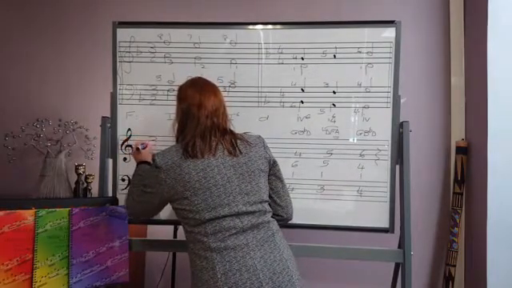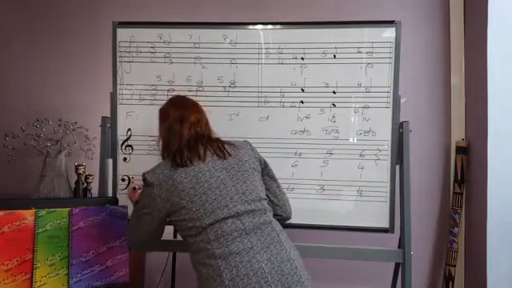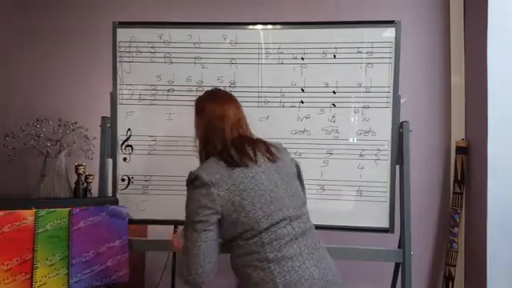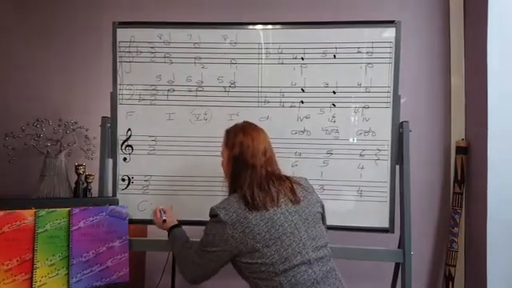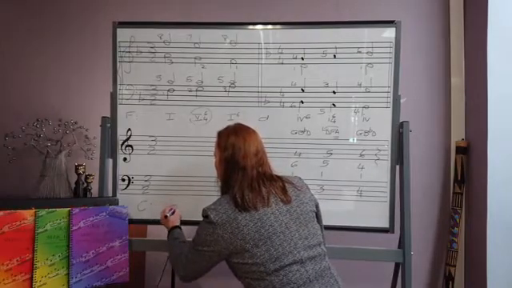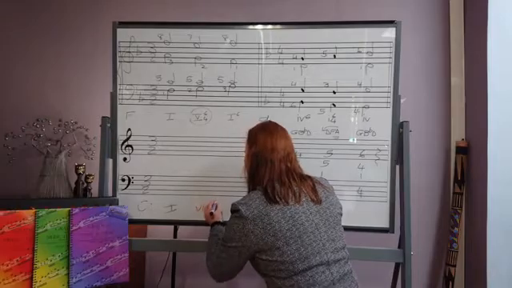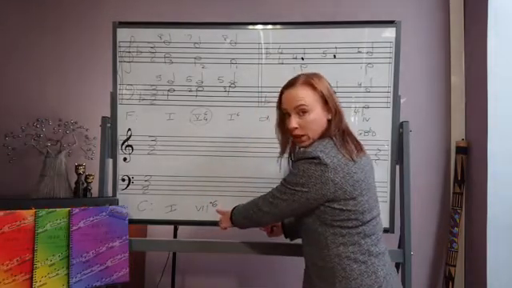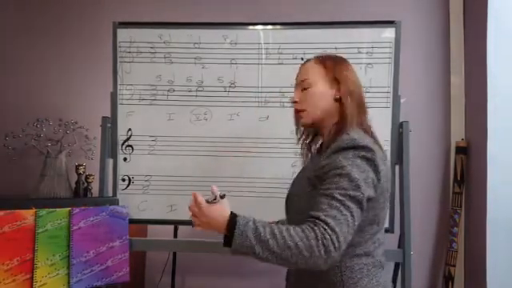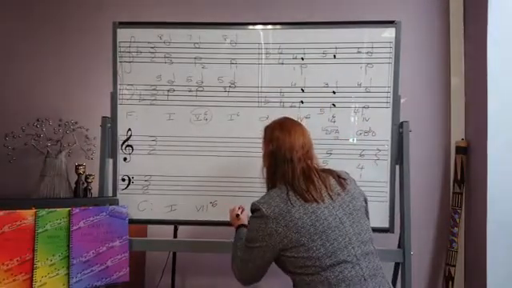Let's do the 3, 2 again. Say for example I have chord 1, and then I have my leading tone. This one will always be in first inversion, not second inversion, and then I have 1.